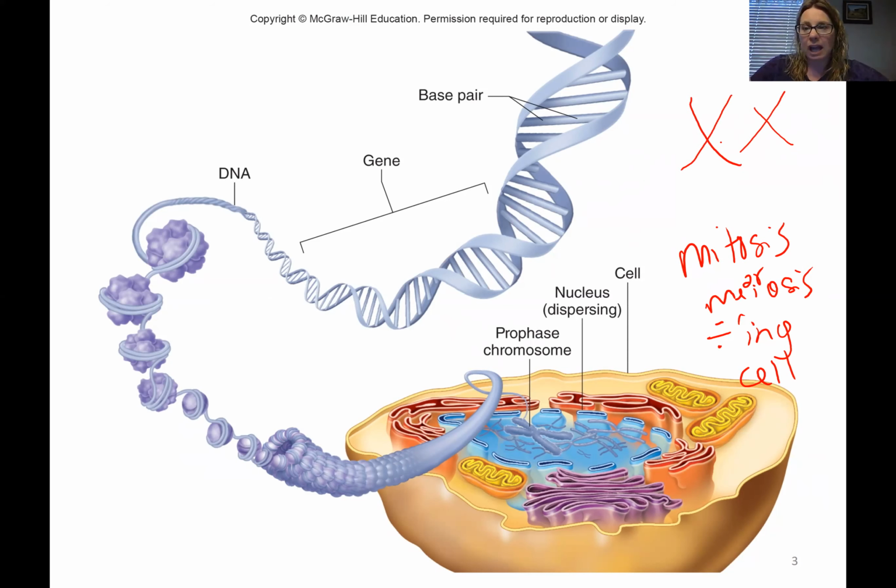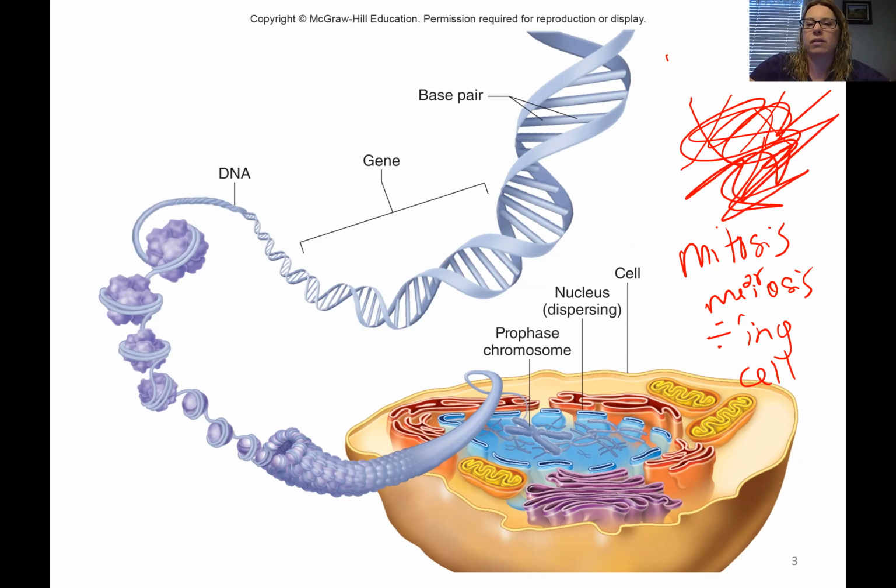When the cell is not dividing, most of the time, this DNA is kind of in a squiggly mess, and you cannot see individual chromosomes. What we're looking at here, the little X-shaped structure, is all that DNA condensed down, and that's the chromosome.